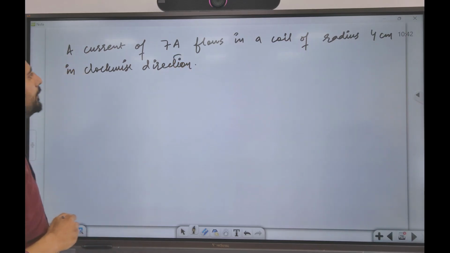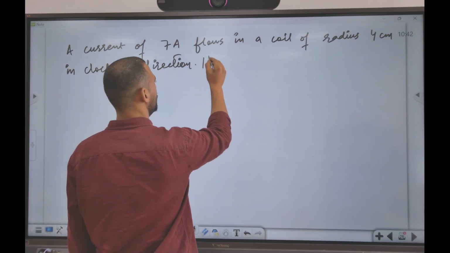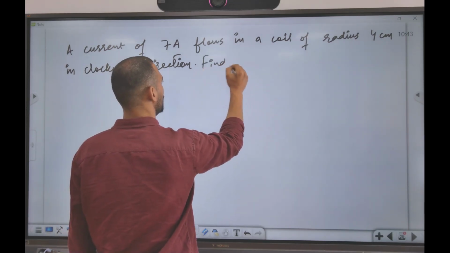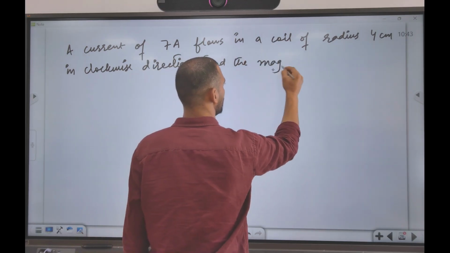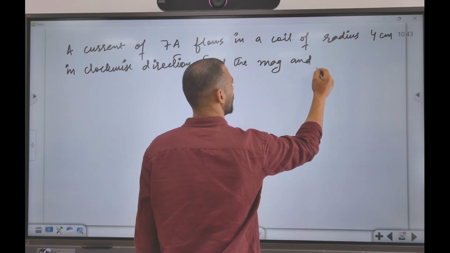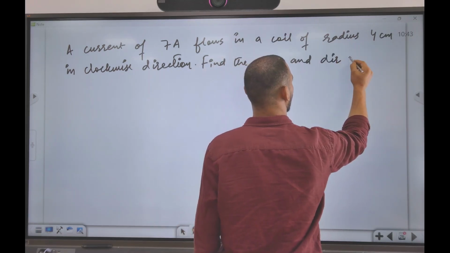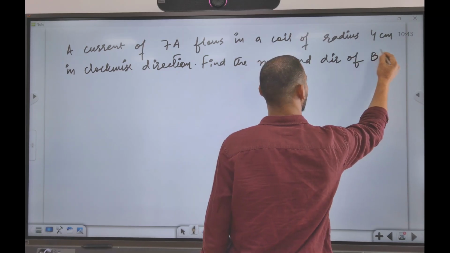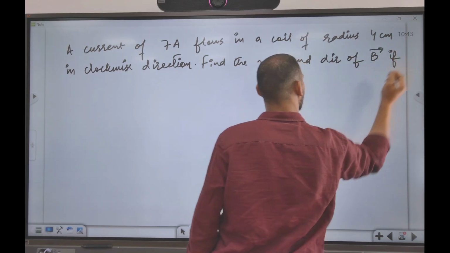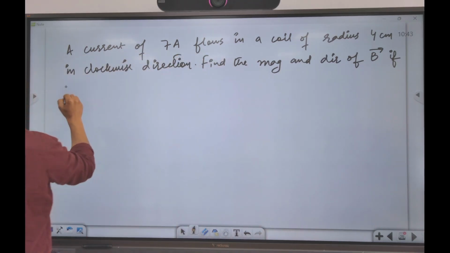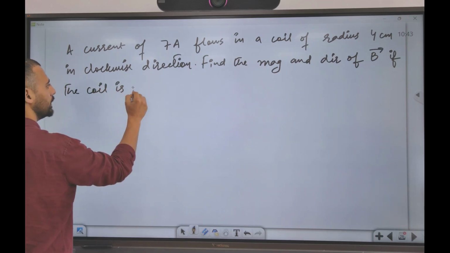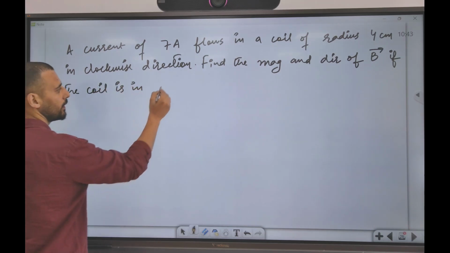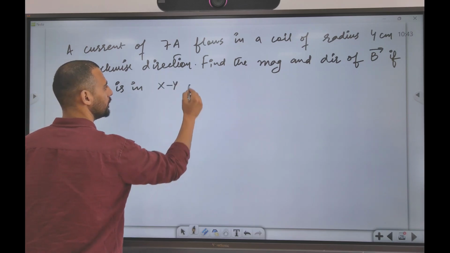Okay, find the magnitude and direction of magnetic field if the coil is in XY plane.